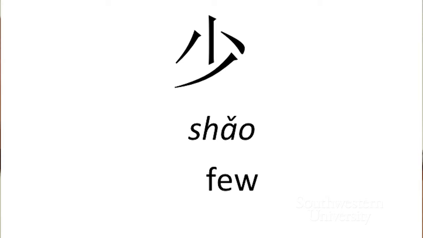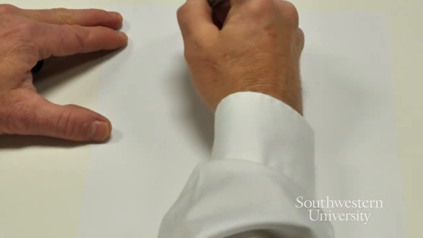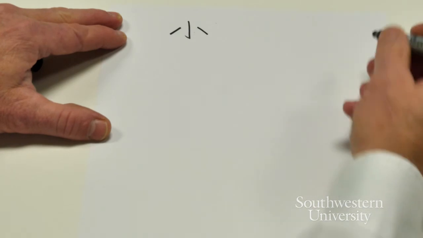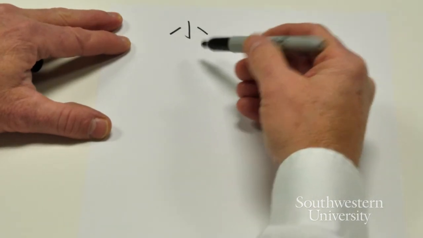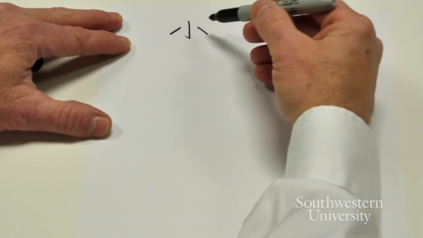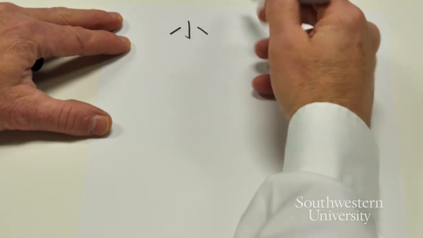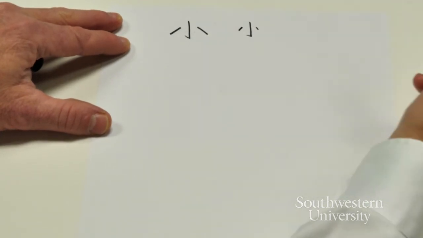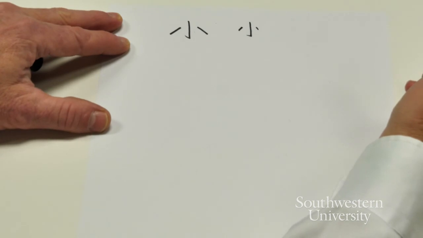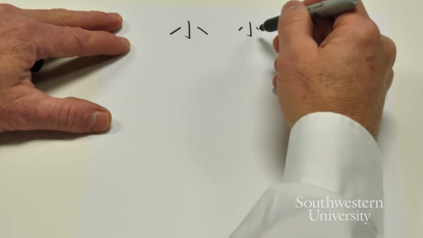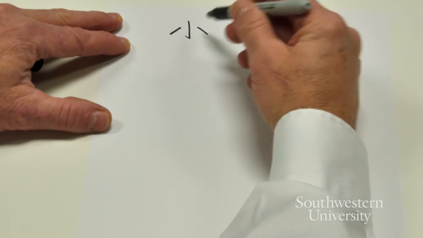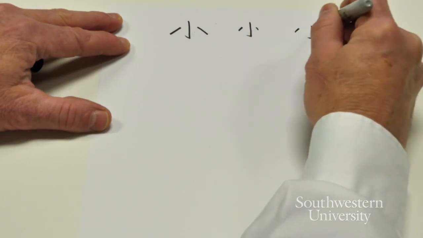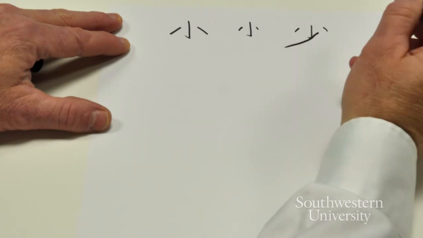Shao is few. So there's another character, xiao. This means small. So it's indication of a small thing. You have a very small stroke, and you're highlighting the smallness of it by showing the 2 strokes to either side. To indicate a difference between this and few, then another stroke is added to that.